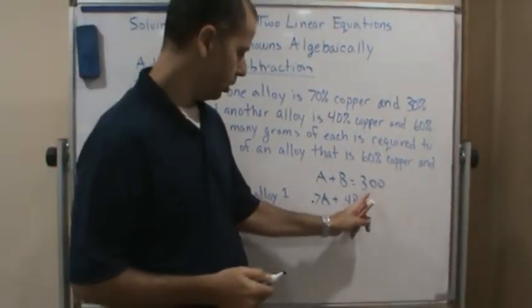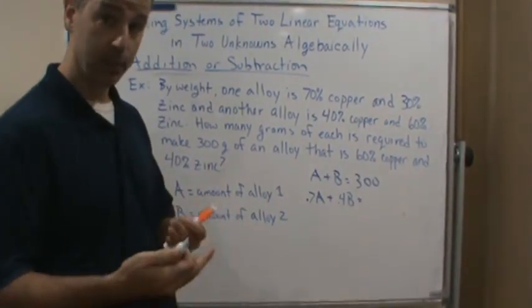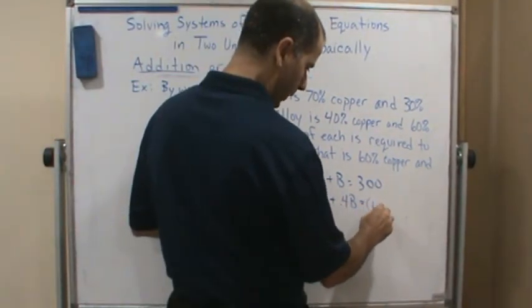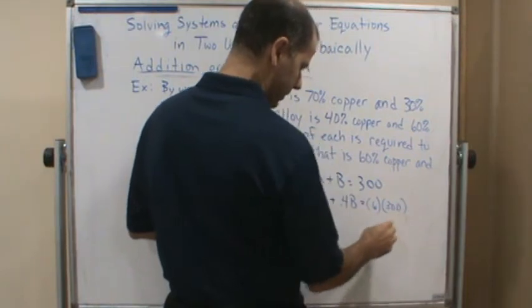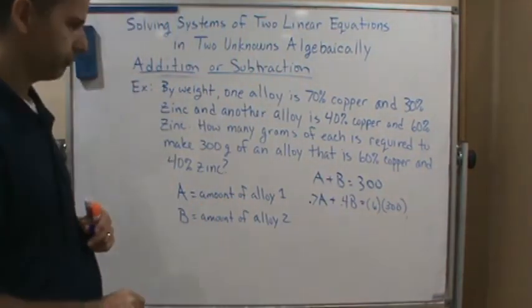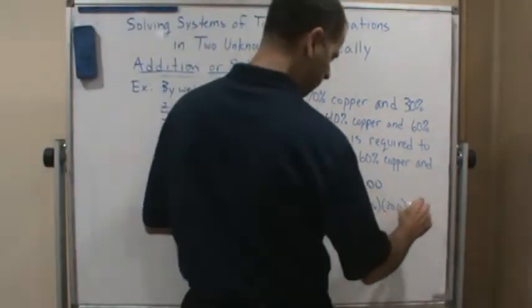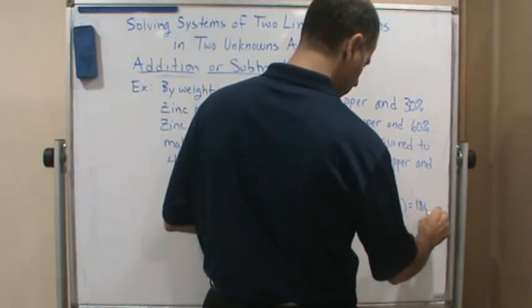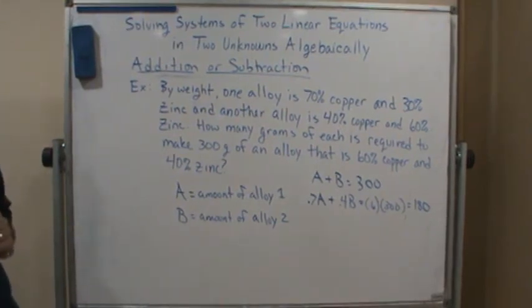Well, I have a total of 300 grams, and 60% of that should be copper. So I'm going to take 0.6 times 300, which equals 180 grams. So that's one equation.